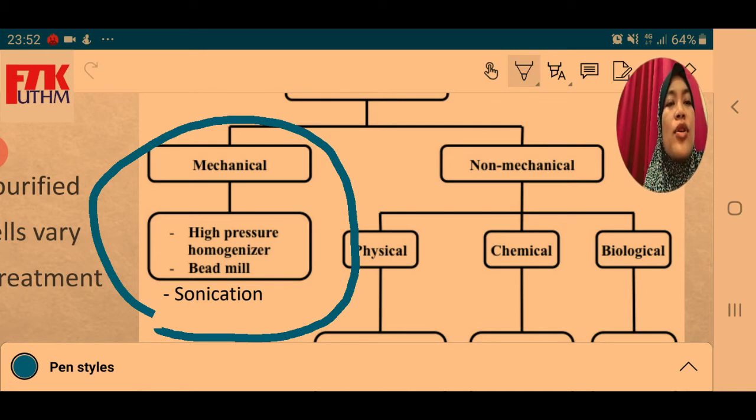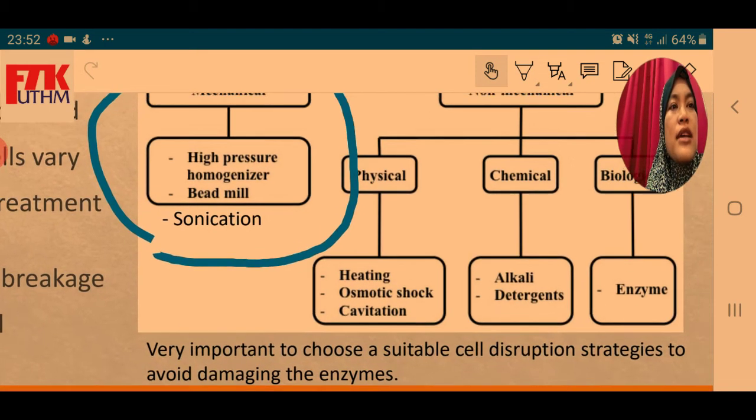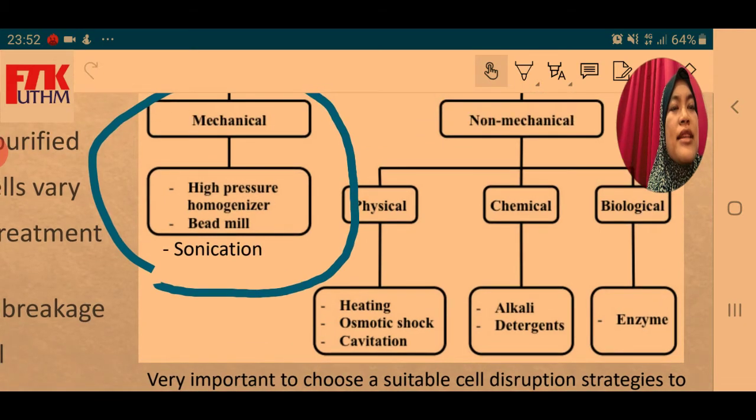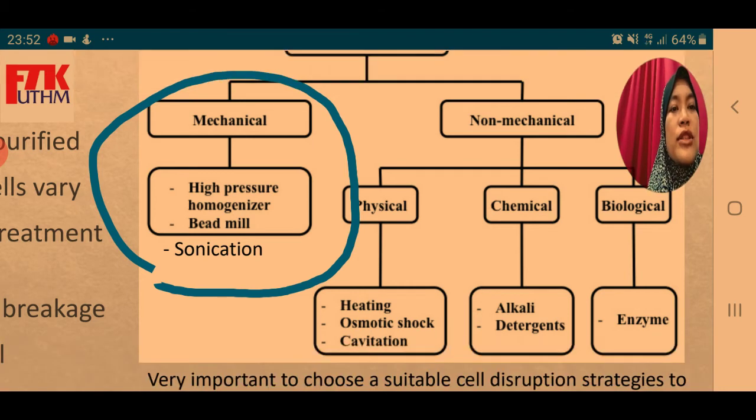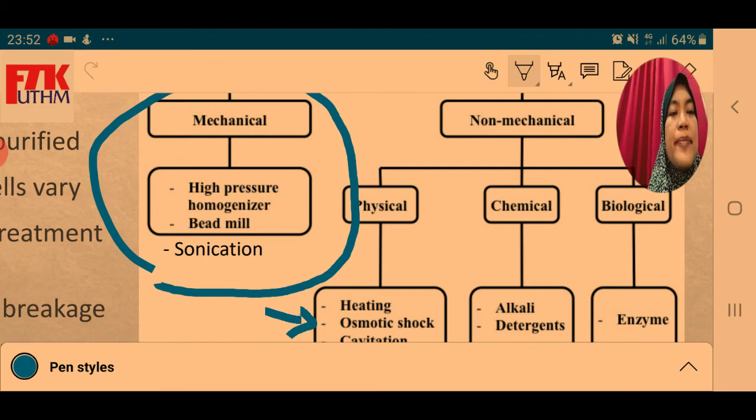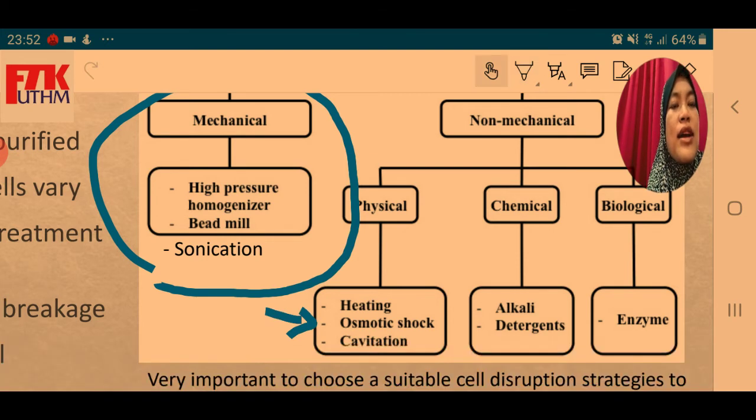Okay, so the non-mechanical methods include physical, chemical, and biological methods. One of them is the osmotic shock, which I've just mentioned to you, and heating as well as cavitation. For chemical methods, we use detergents and alkali, and for biological methods, we use enzymes, for example, lysozyme.